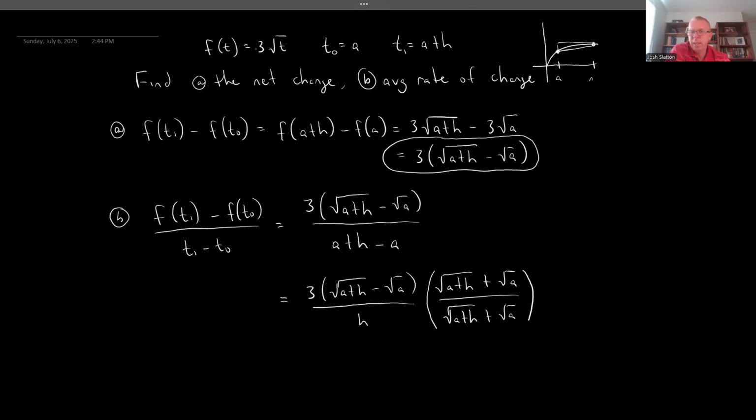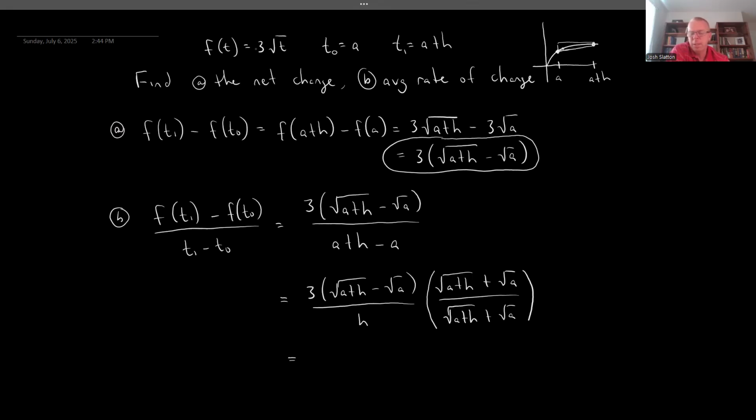If we have a plus h, h is just whatever that distance is between these two. If you want to shrink that down and bring this point closer and closer to a, we can get down to the instantaneous rate of change. And to do that, h needs to be 0. And so if we just leave it like this, we can't really divide by 0.